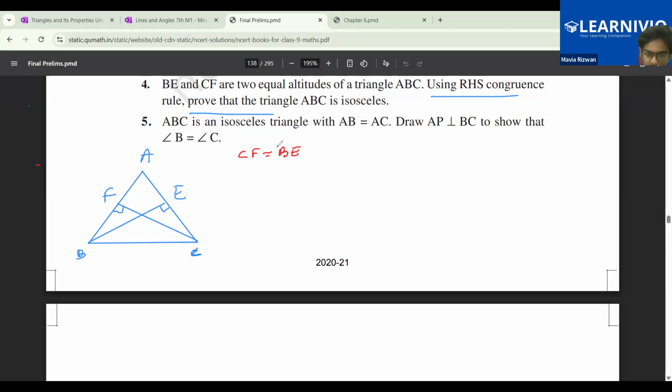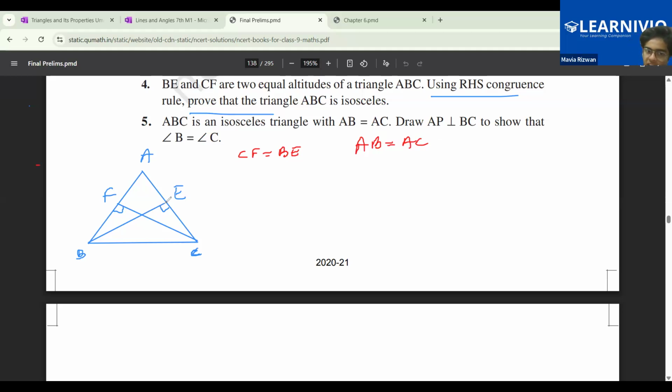They are altitudes. They're equal. How can we prove that? See, guys, they are saying CF and BE are equal. We have to prove that AB is equal to AC, right? How are we going to prove this?